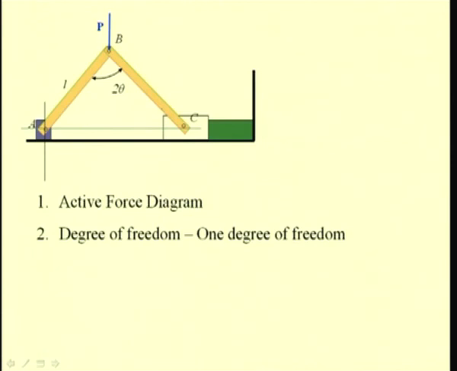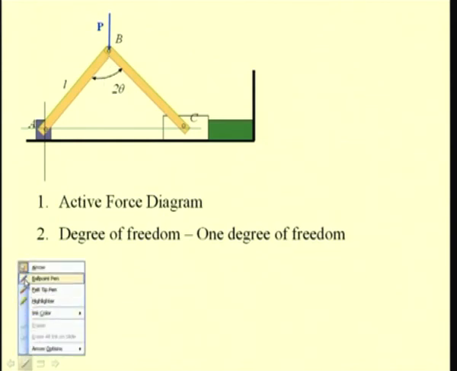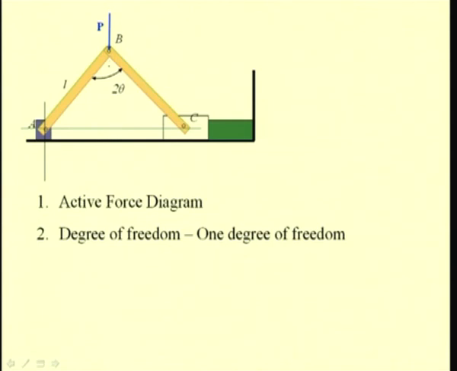That means the position of these various links, say AB, BC, the position of this ram or the position of this joint B can be uniquely defined if we specify this angle. Let it be 2 theta, or we can take another coordinate, say the coordinate of this B from this datum.